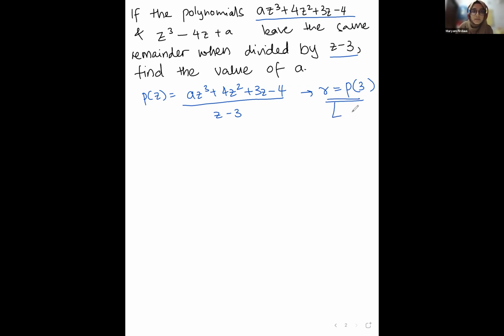Okay, that is one thing which is noted. Now the other thing. Let's call this one the second polynomial Q of Z, because it's a different polynomial.